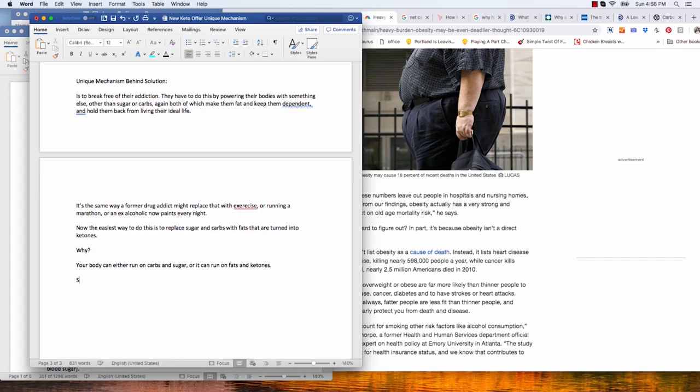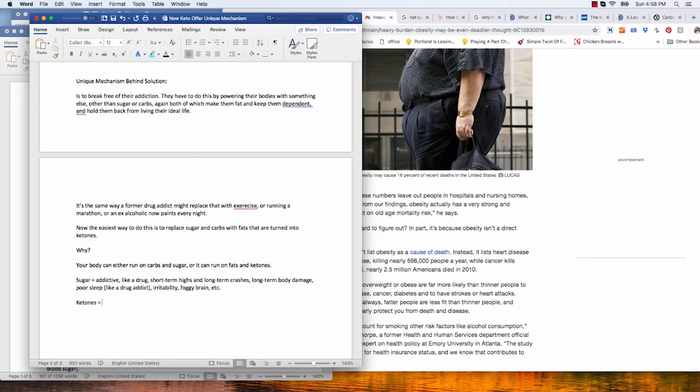Sugar equals addictive, like a drug: short-term highs and long-term crashes, long-term body damage, poor sleep, irritability, bad mood, foggy brain, etc. for now.